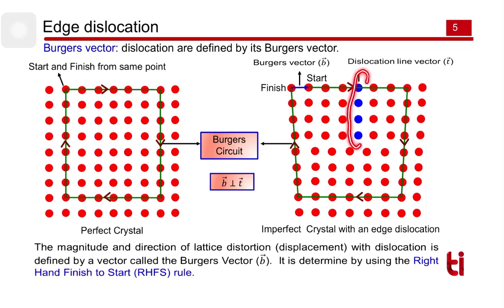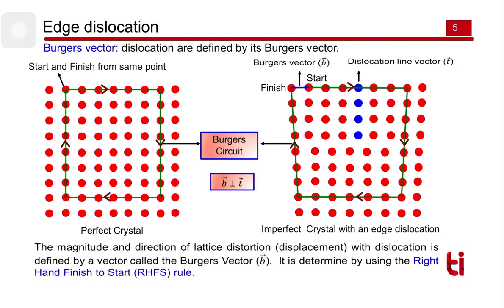When you have one dislocation, then one interatomic spacing. If you have two dislocations, there would be two interatomic spacings. So this is a fixed invariant, because the interatomic spacing is invariant. This invariant quantity we call the Burgers vector.